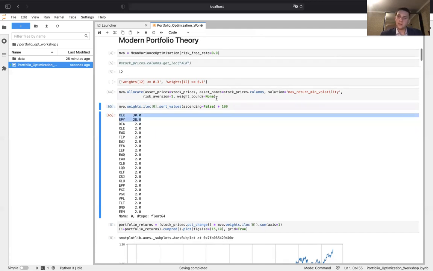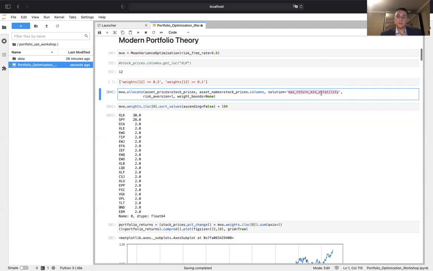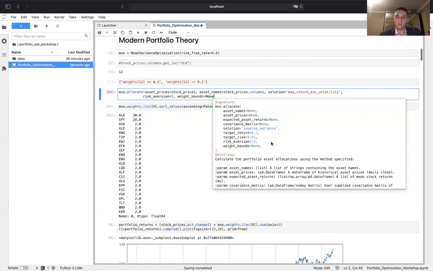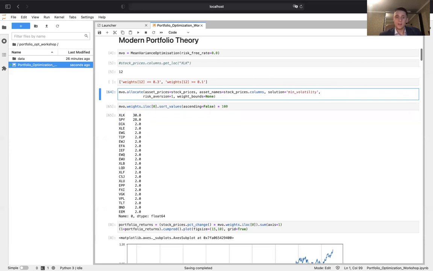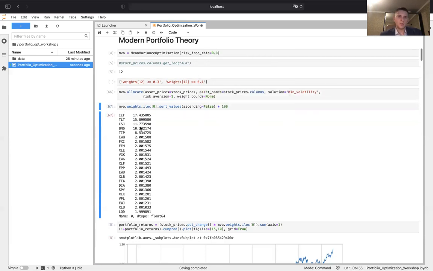So let's go back to the solution for minimum volatility. And let's say that we don't want 17% to be in IEF stock. So how can it be done? As we have previously discussed, there are 2 ways to create weight bounds. The first one is to apply weight bounds for all assets in our portfolio by specifying the tuple. But how can we constrain only some specific assets?